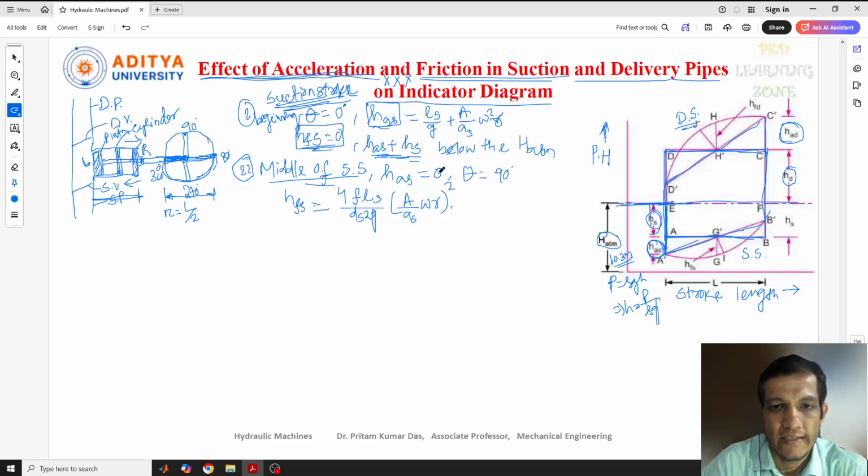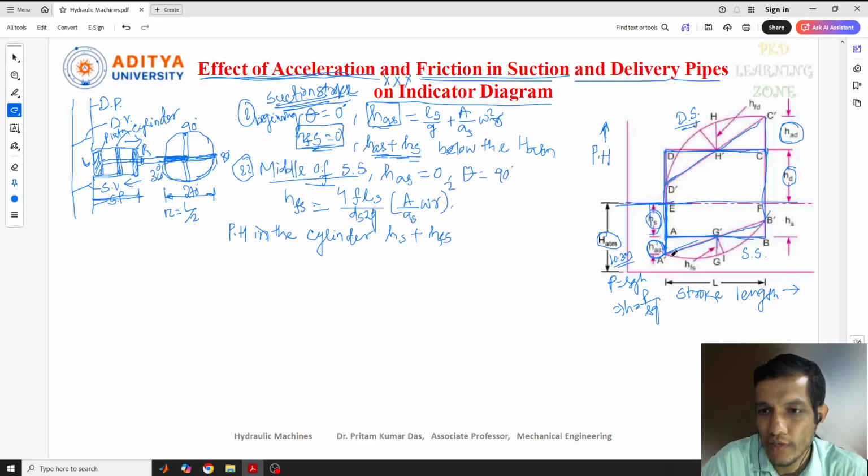And now the pressure head in the cylinder will be, so here we can write the pressure head in the cylinder, that can be written HS plus HFS.